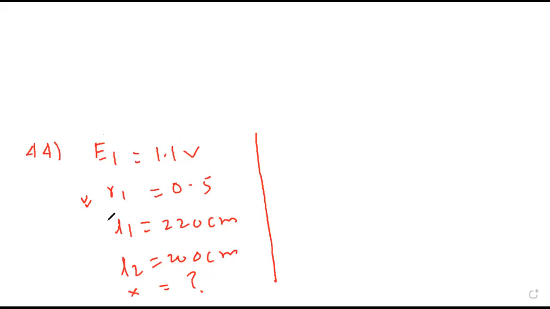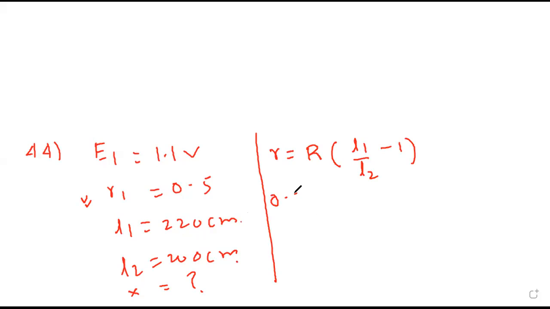This is internal resistance given. So internal resistance is capital R, L1 upon L2 minus 1. L1 is balancing length when it is not drawing the current, and L2 is balancing length when it is drawing the current.